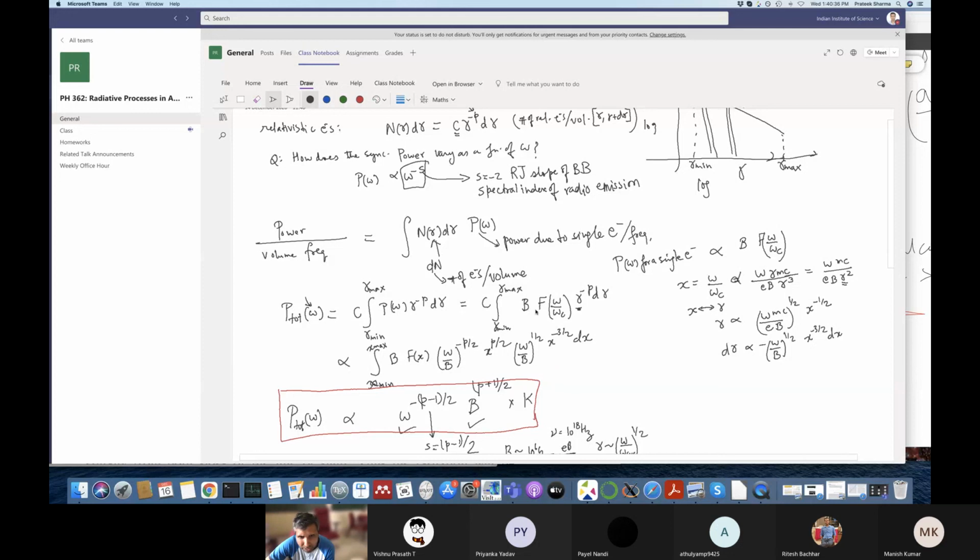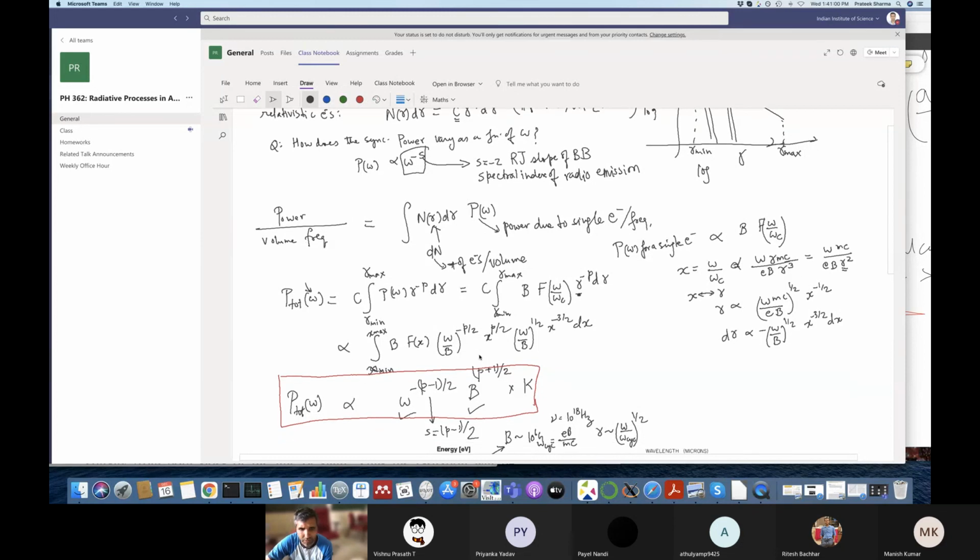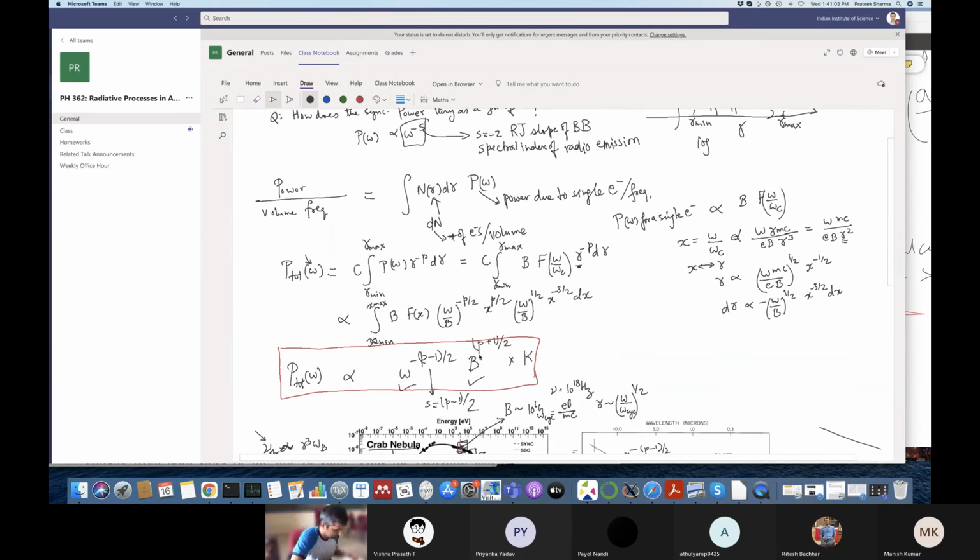So there is this B, gamma to the minus p. Gamma is proportional to B to the minus a half. Yeah, the book is fairly careful.